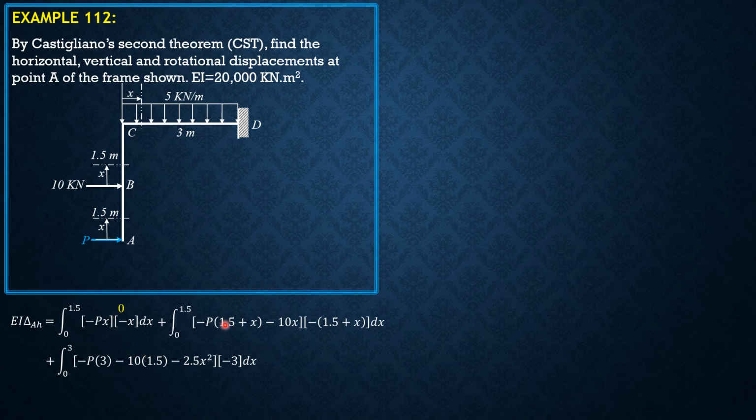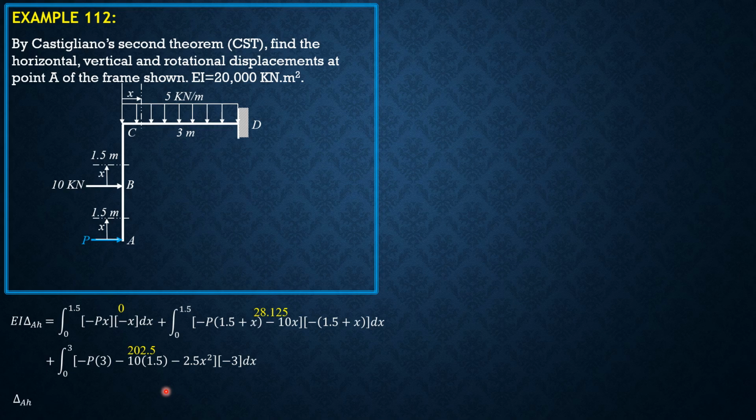The second integral is integral of negative 10x times negative of quantity 1.5 plus x, 0 to 1.5, is 28.125. Then integral of negative 15 minus 2.5 x squared, quantity times negative 3, 0 to 3 is 202.5.